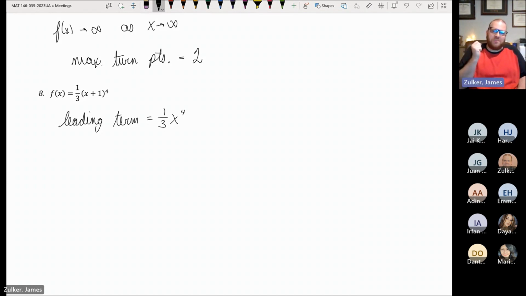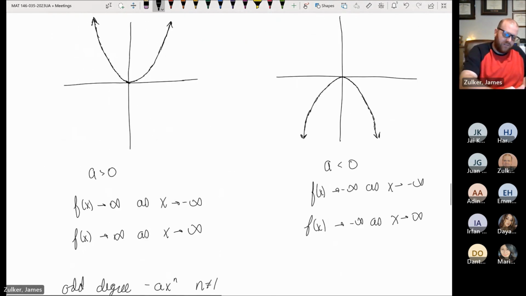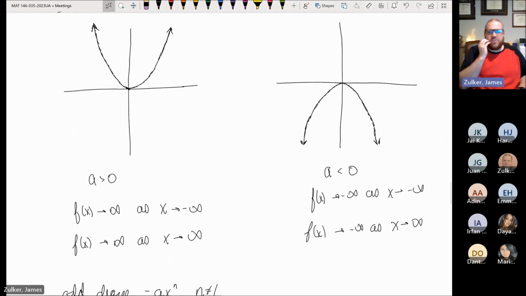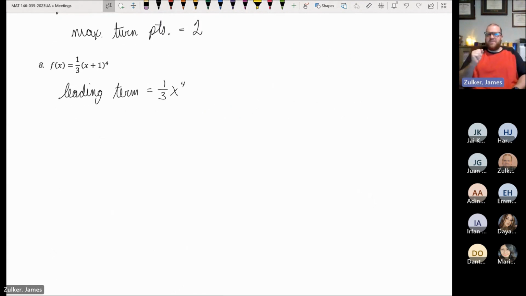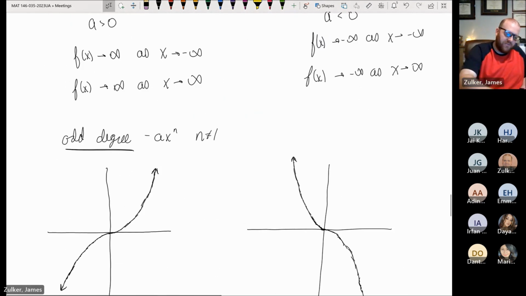Now look at the power. Is it even or odd? Even, right? That means it's going to be one of these two cases. So now you just look at what is the coefficient. Is it positive or negative? Positive.